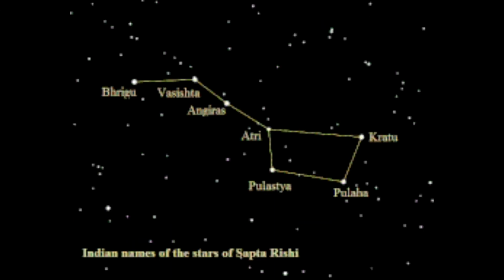Westerners call it the Big Dipper, and Indians call it Saptarshi. These Saptarshis are seen in the northern sky in the evening in the summer season. In December and January we can see these Saptarshis at midnight.